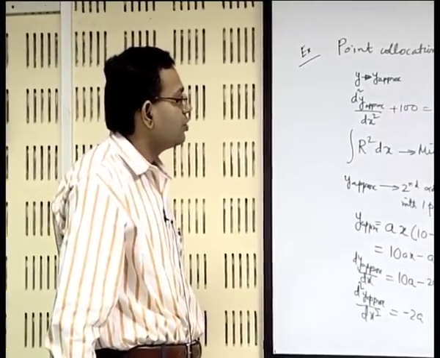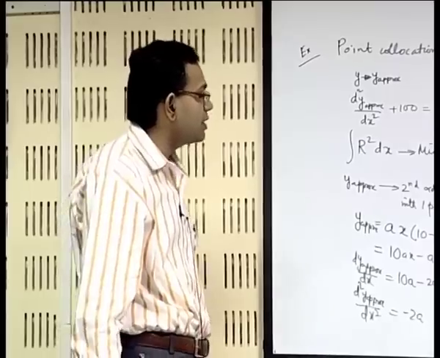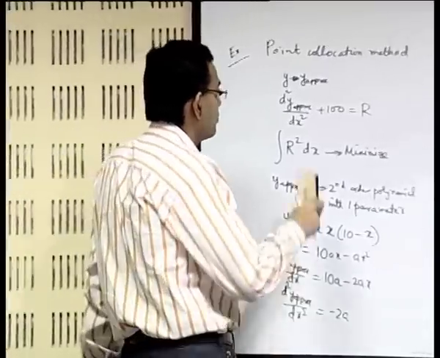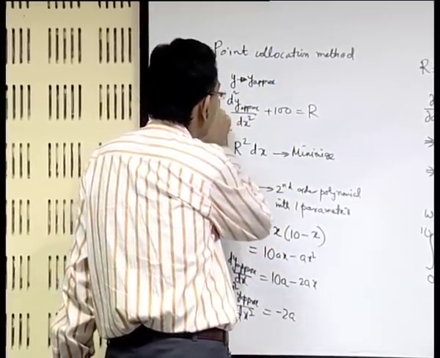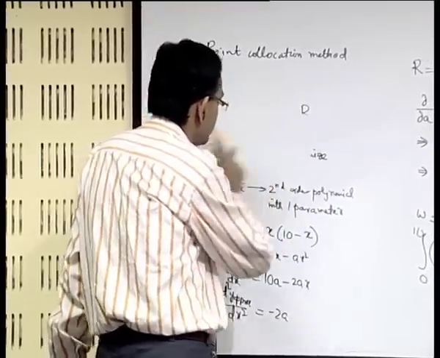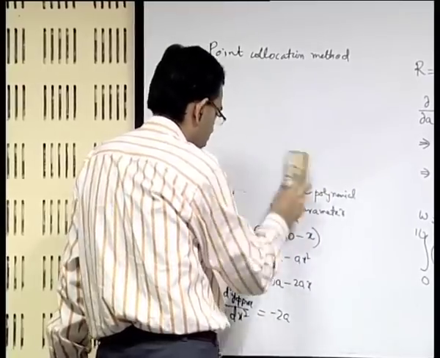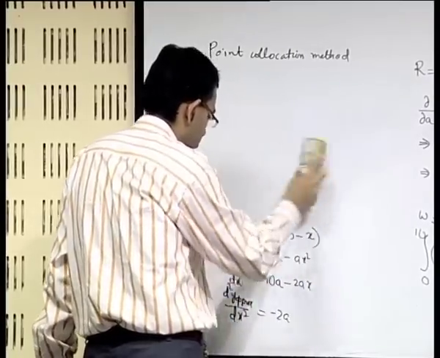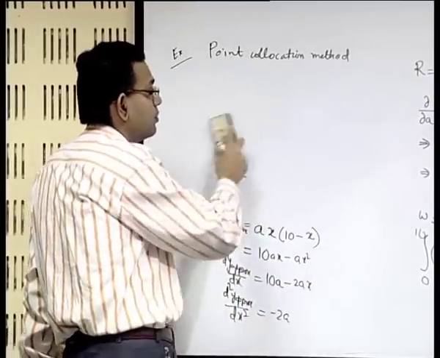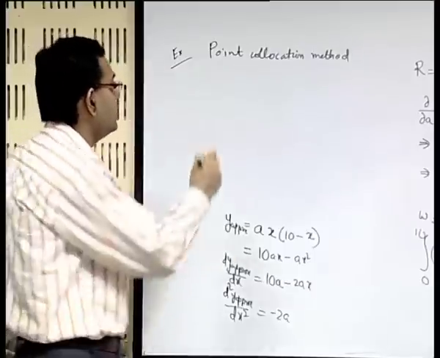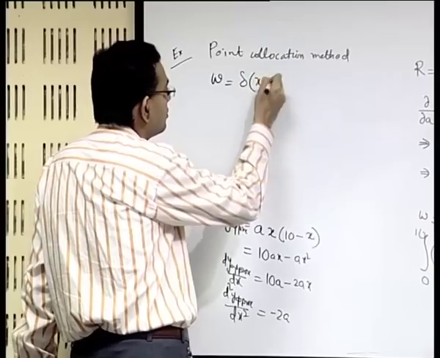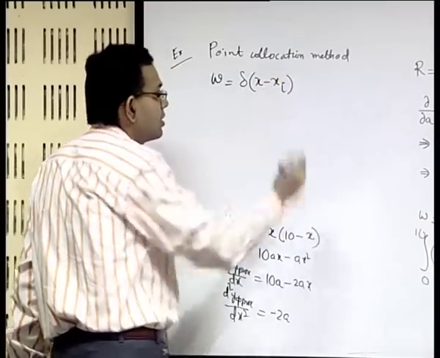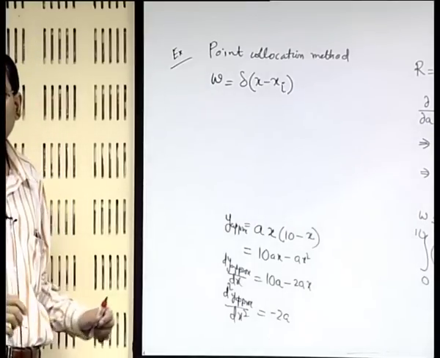We try to have the weighting function as a special function. So, we do not go through this route. We have the weighting function as the Dirac delta function at some chosen points which are collocation points.